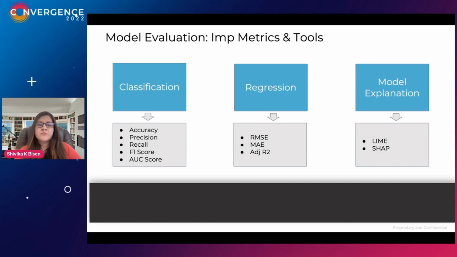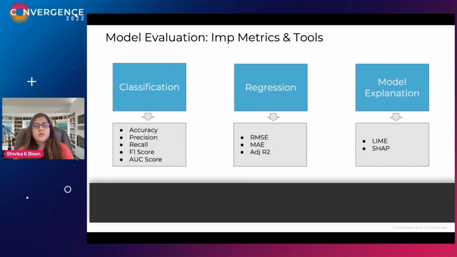Beyond these two types of problem, there are other models like neural networks and ensemble models that are kind of like a black box. I mean, they make a prediction for us, but we don't understand what's happening inside the model that is making that prediction.